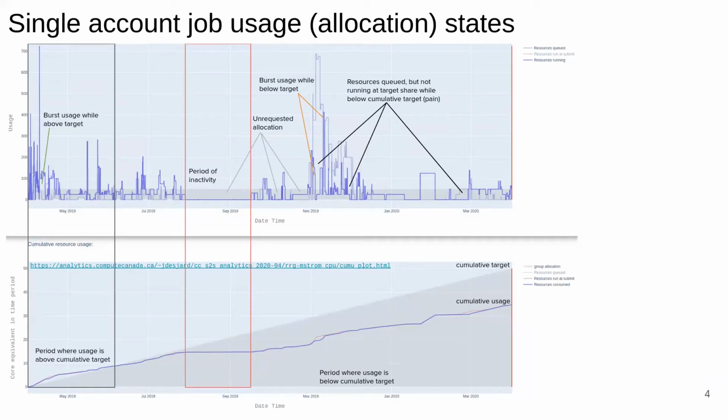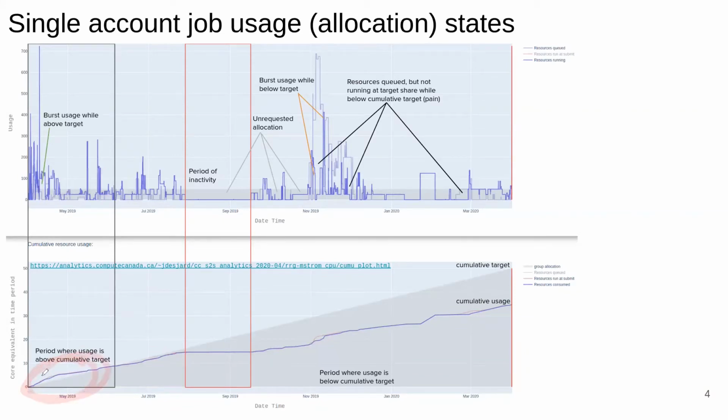What we have down in the bottom panel now is this dark blue line converted into the cumulative sum. So over time, it's just the cumulative usage along here. The gray area corresponds to the cumulative sum of the target. Now, that means that there are times when the cumulative usage is above the cumulative target.